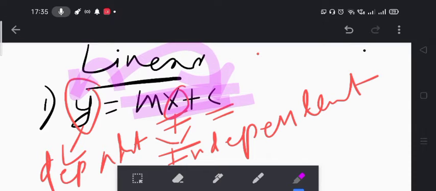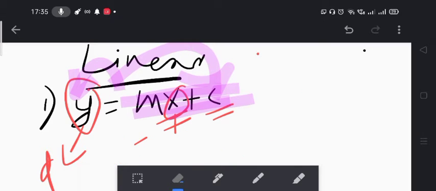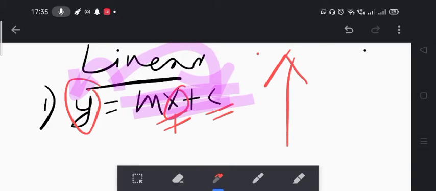For example, if you put x is equal to 0 in y is equal to mx plus c, you will only get c if c is there. Otherwise it will pass through the origin. For example, let's see here, x and y are the axes, where x is the horizontal axis, and y is the vertical ordinate axis.